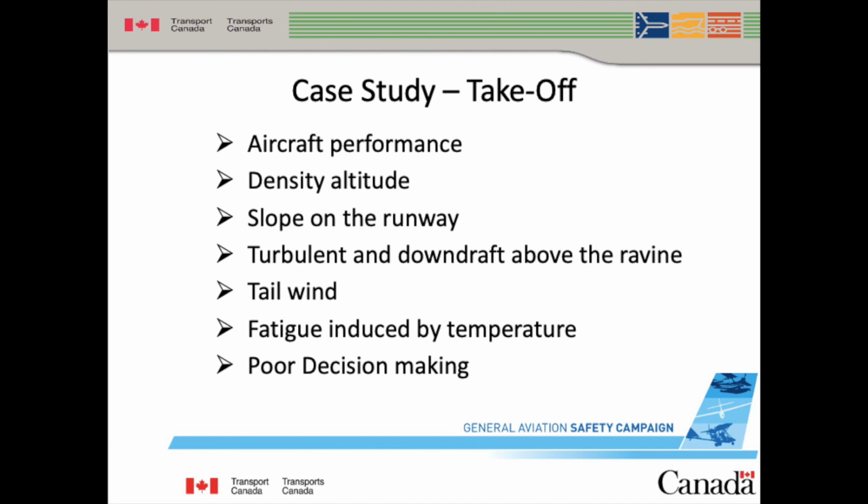We also know that turbulence and downdrafts were reported, and that will certainly affect the climb performance. And we also know that there was a tailwind, which again, according to the EAA charts that JC introduced earlier, can increase your takeoff roll by up to 20%, even with a slight tailwind.